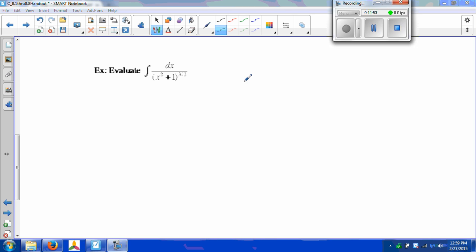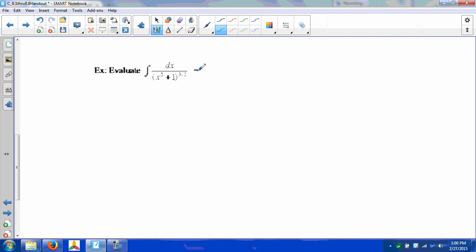So the next one is a squared plus b squared, and that's a square root if you rewrite it as 1 over the square root of x squared plus 1, and then cubed dx.